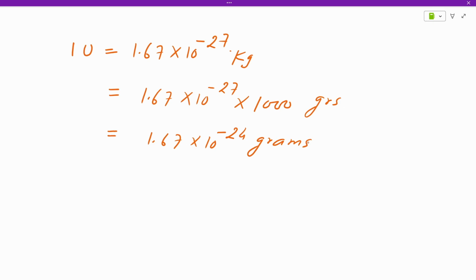Now let us understand what a mole is. The mass of one atom of hydrogen is 1 U. So we have to find the total number of atoms that combine to give 1 gram of hydrogen.